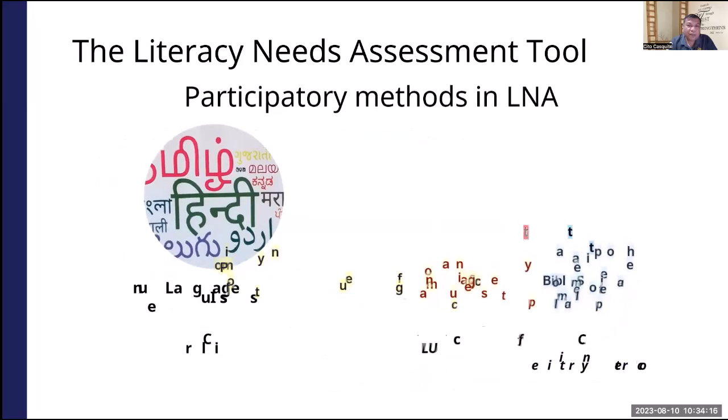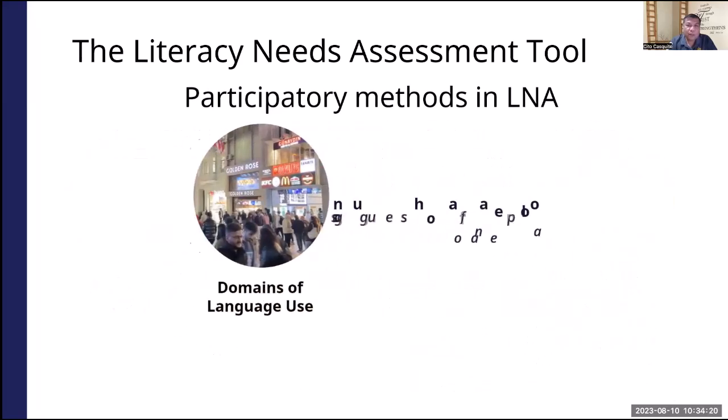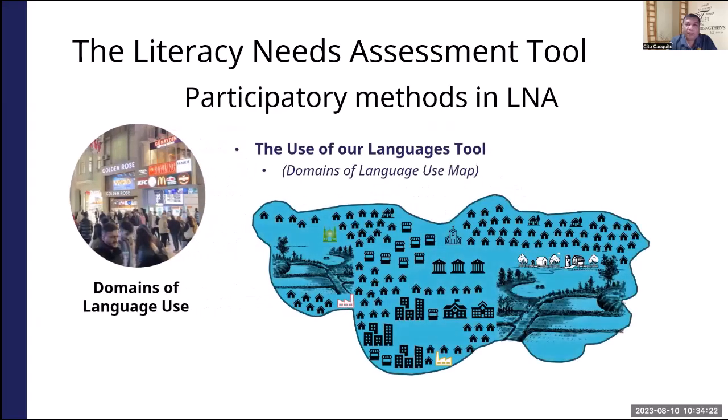And another example is for the domains of language use, we can use the same map, the use of our languages tool. This time it's for the domains of language use map, and there's also a domains of language use chart. But if we use the map, we can use the same map we used earlier to gather information for the profile of the community.